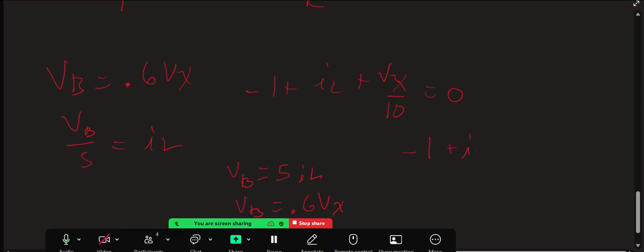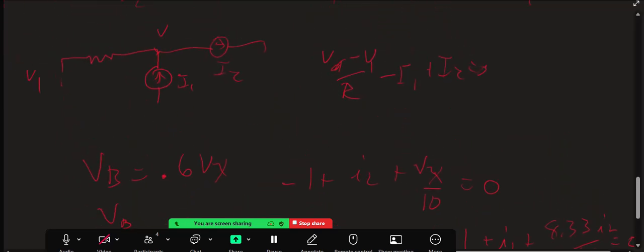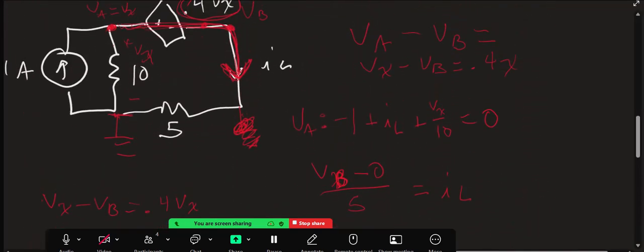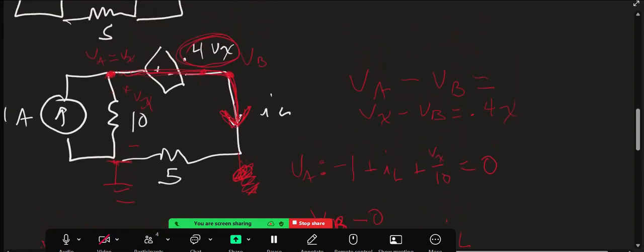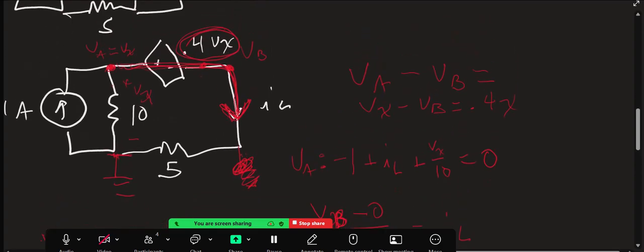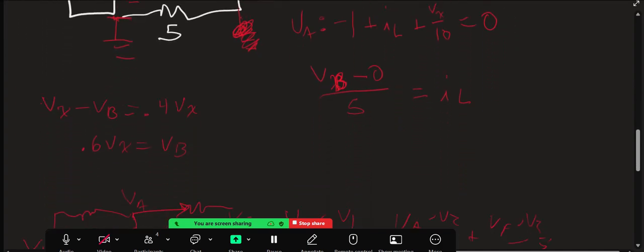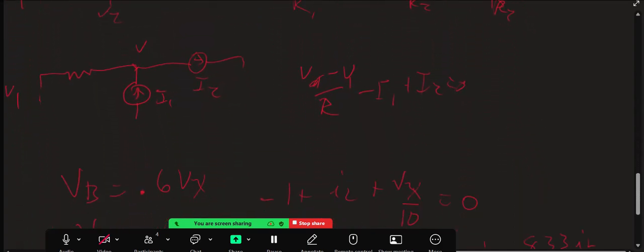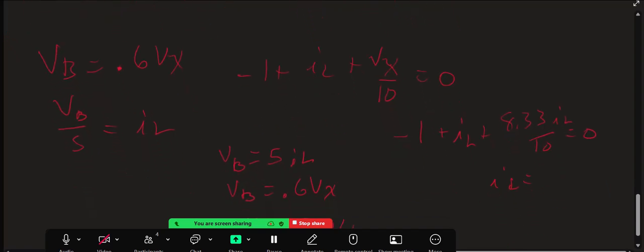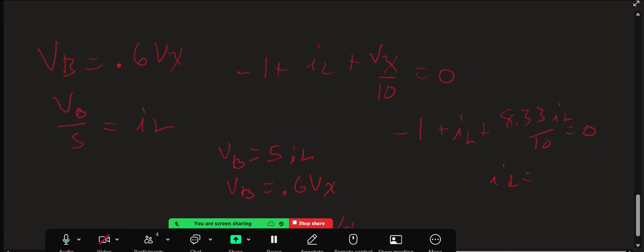So minus 1 plus IL plus 8.33 IL over 10 equals 0. And then we could get what IL was. If anybody solves for IL, tell me what it is.